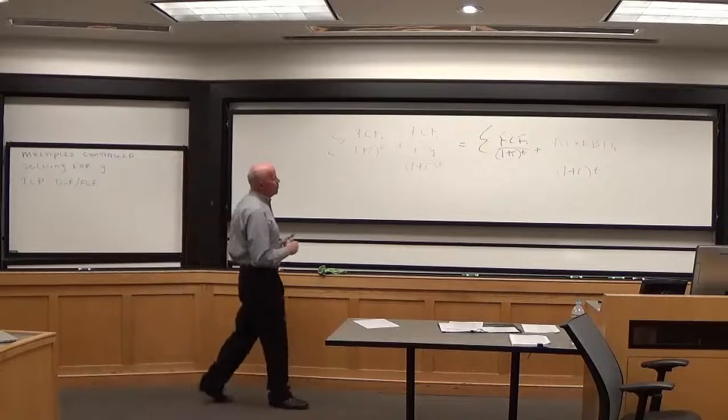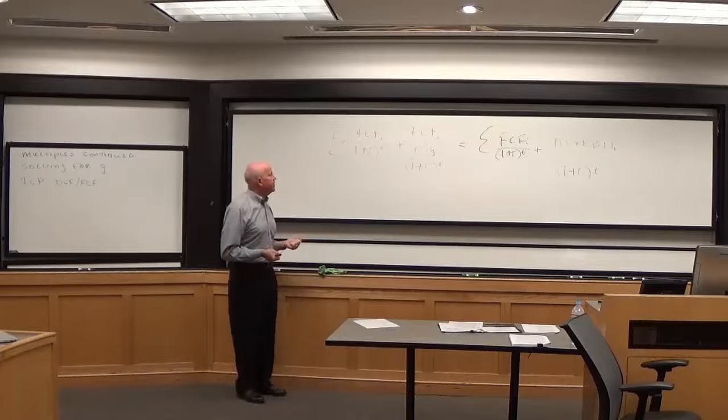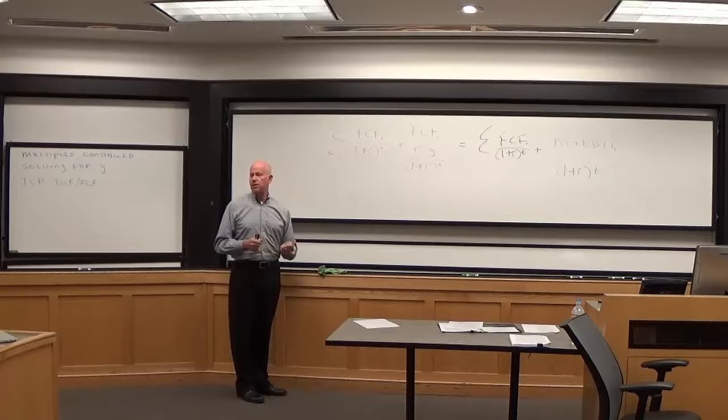Okay. All right. So let's now simplify this equation so we can isolate the G variable. If I divide both sides of the equation by the sum of FCF divided by 1 plus R to the T, I get rid of that term from both sides.